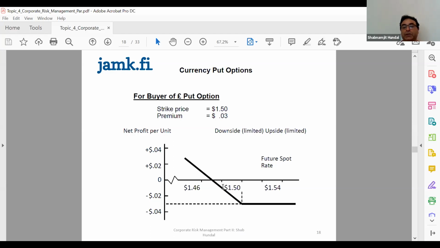So you gain 2 cents more than the market. But then you also have paid 3 cents in the beginning. So you lose 1 cent basically. So by exercising the option, you are losing 1 cent, but had you not exercised the option, you would have lost 3 cents. And a 1 cent loss is better than a 3 cent loss.